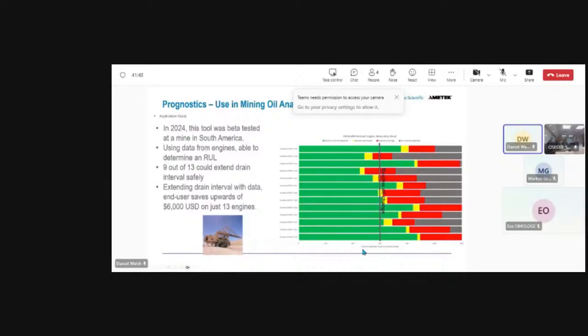So looking at these, if you only have resources for a couple of engines, the question is which engine would you overhaul first? I would probably do this one first because this one is not even making the 600-hour value.